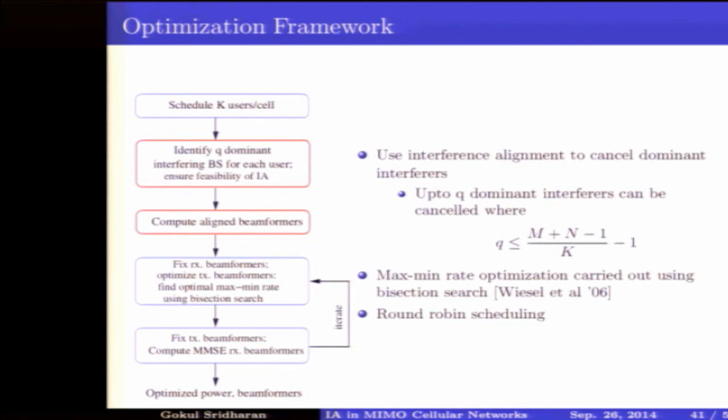All of these algorithms are going to just converge to a locally optimal point, and they are myopic in nature. So they are not somehow going to jump to this location where all interference is null. It's basically to address the fact that interference alignment is useful, and you can null the dominant interferers and then proceed to the remaining part of the optimization.